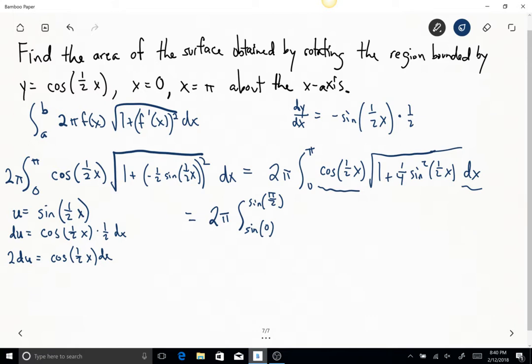Okay, and so now our new integral becomes the square root of 1 plus 1/4 u squared, which we'll talk about in just a minute, and then times 2 du. Okay. Any questions thus far? All right.